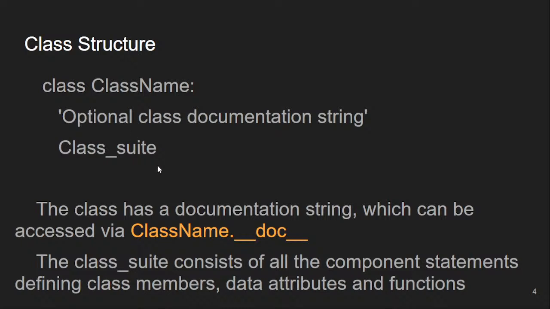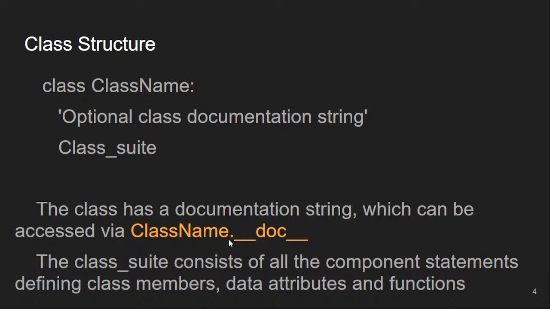And then when you want to get the documentation string for this particular class you've defined, you can use this notation: the name of the class dot double underscore doc and then double underscore. We'll talk briefly about what this is later. But you can think of this double underscore as special.